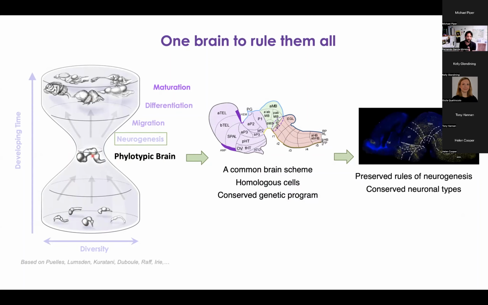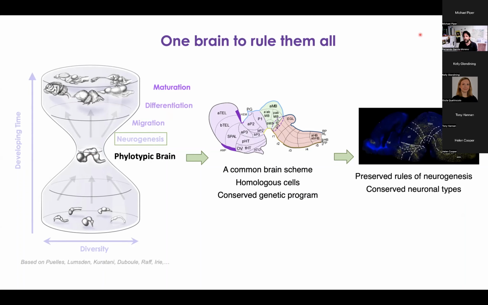From this common template, we hypothesize equivalent and homologous cells, equivalent and conserved genetic programs, etc. From this, each species will derive different types of brain according to the different developmental programs: neurogenesis, cellular migration, differentiation programs, etc.